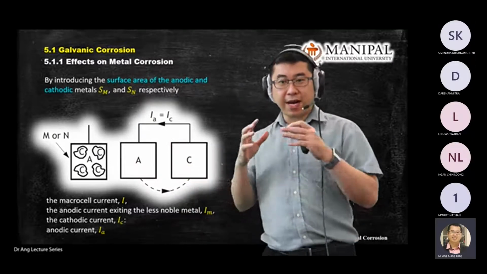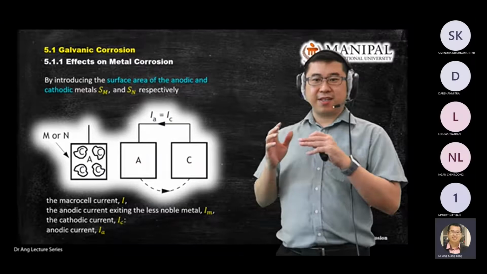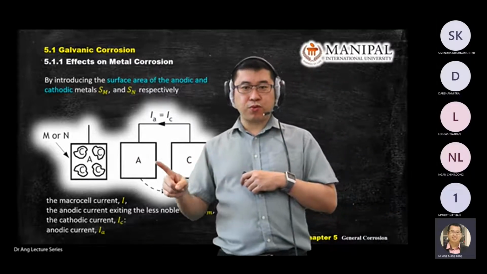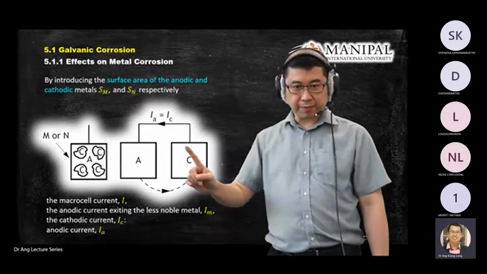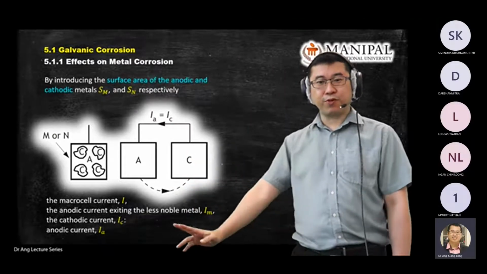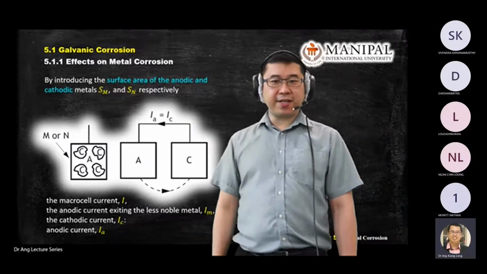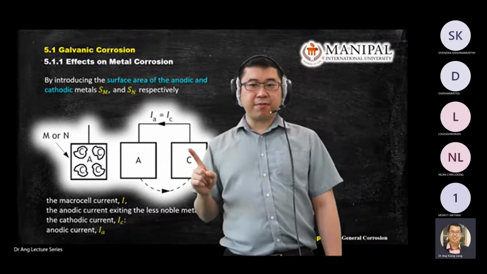If we talk about current, we talk about from cathode to anode. Just take note of that. Don't confuse the dashed line and the solid line. When we talk about current, we talk about from C to A.